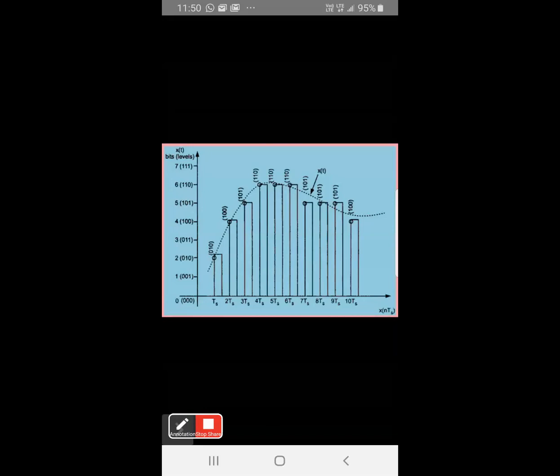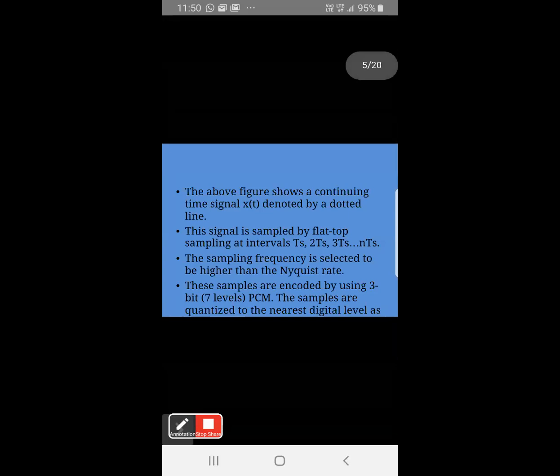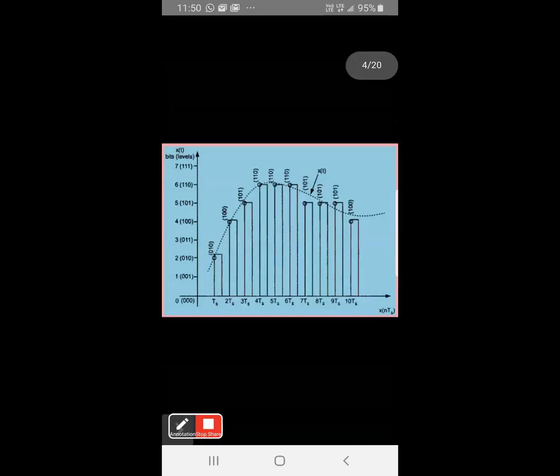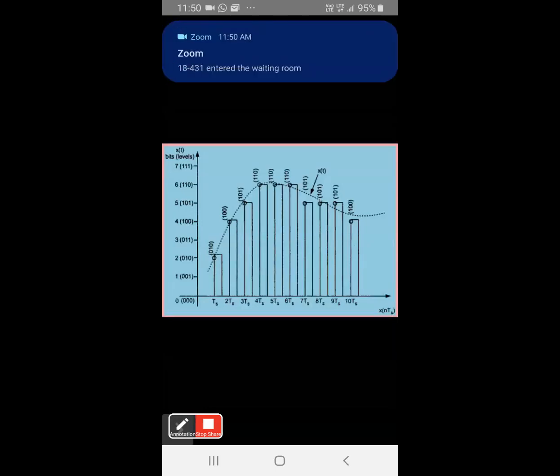And the above figure shows the continuous time signal x of t, denoted by the dotted lines. ఏదైతే మీకు dotted lines తో ఒక sinusoidal signal కనబడుతుందో, that is the input signal x of t.